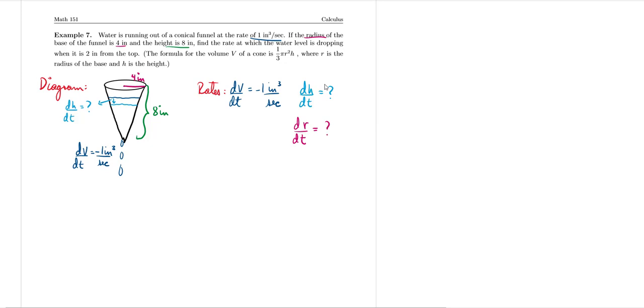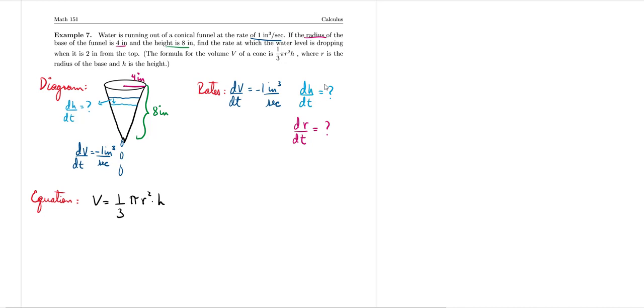Okay. Now, let's come up with the equation, which was given here. The equation relating the volume, the height, and the radius of a right cone is volume equals 1/3 pi r squared times the height.